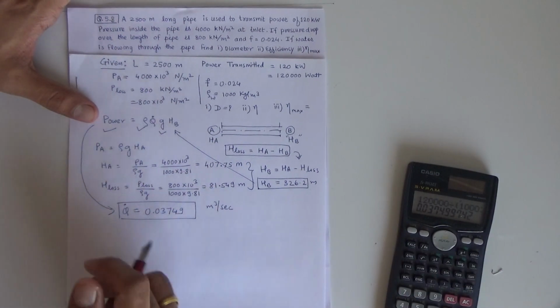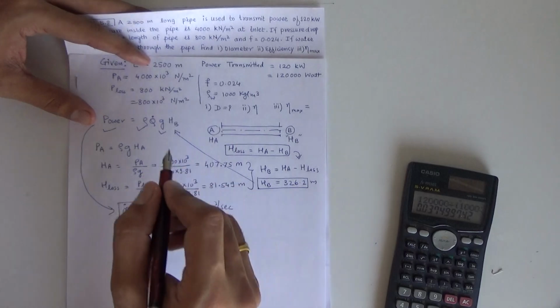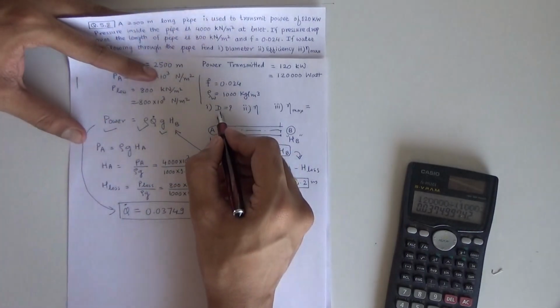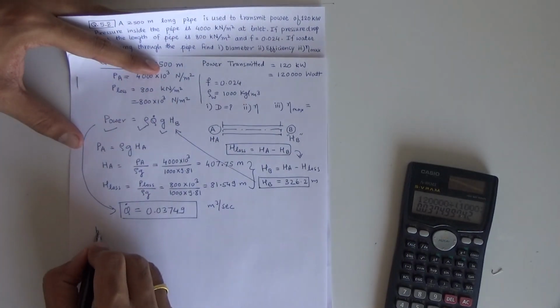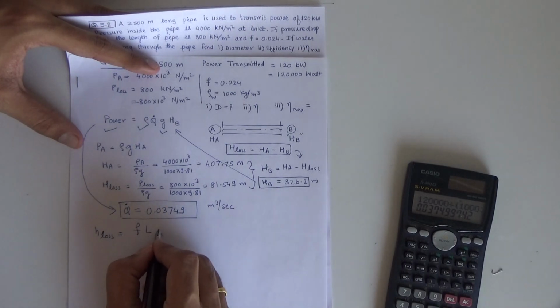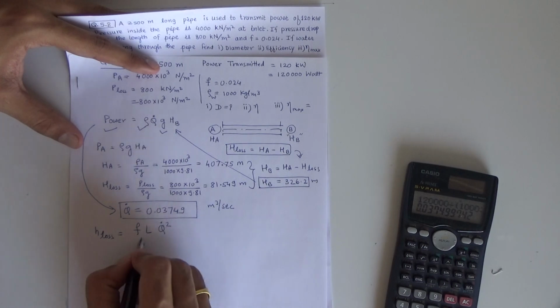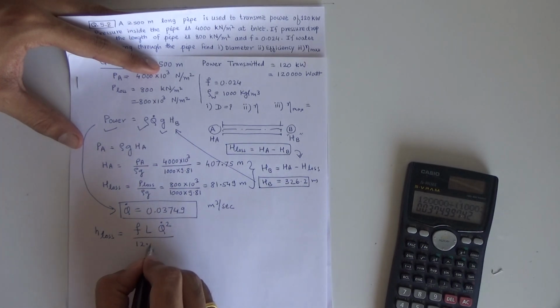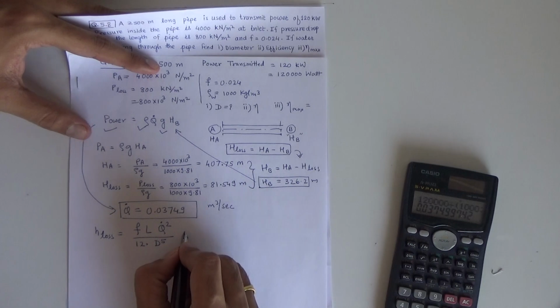Now once you got the discharge, you can compute everything else, whatever is required. What is the first requirement? Diameter. For diameter you have the equation for H loss. H loss is f L Q squared upon 12.1 into d raised to 5. Everything is known here.